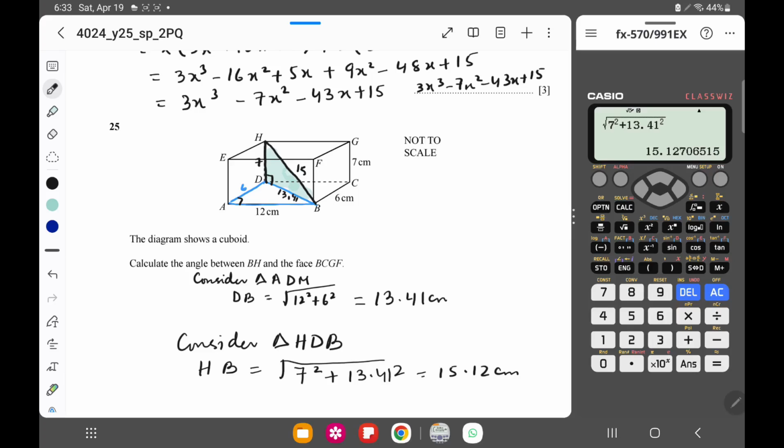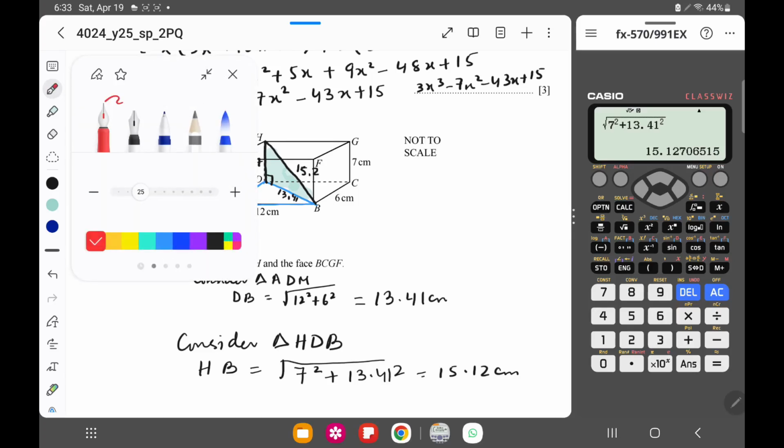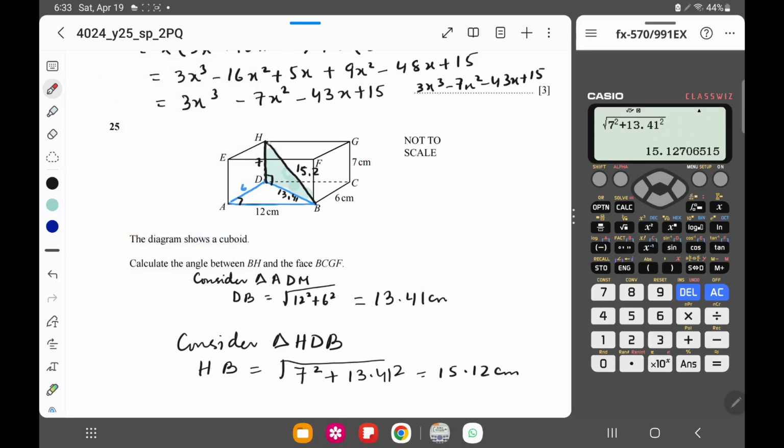Now we are coming to the question which we have to find out. We'll have to calculate the angle between HB and your face BCGF, which you can easily see. Now what are we going to do?